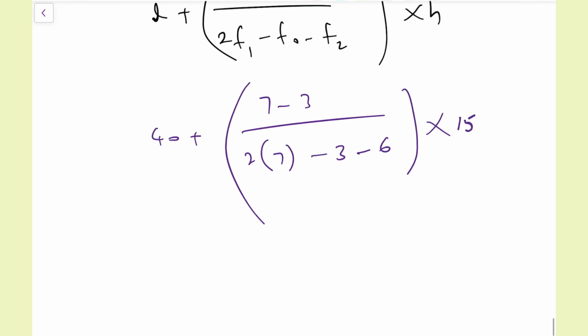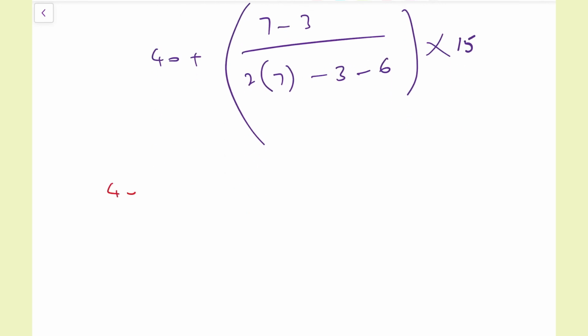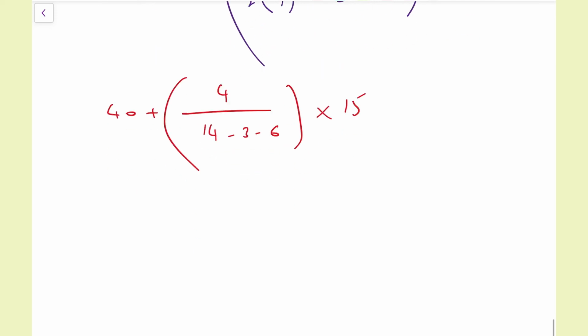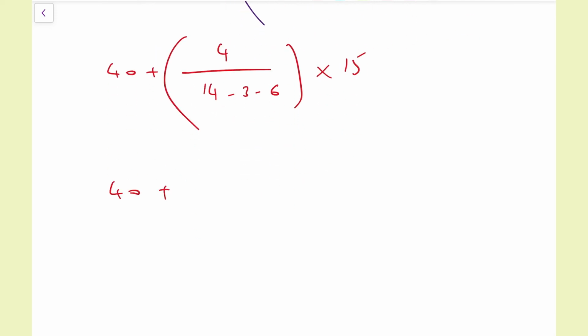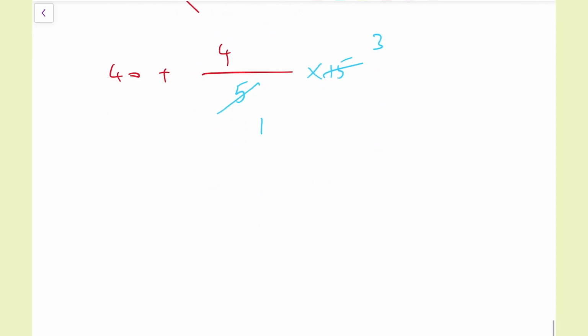Let us simplify this now. 40 plus 7 minus 3, 4 divided by 2 sevens are 14 minus 3 minus 6 into 15. 40 plus 4 divided by 14 minus 3, 11, 11 minus 6, 5 into 15. 5 ones are 5, 5 threes are 15. So finally we remain with 40 plus 4 into 3. 40 plus 4 threes are 12. 40 plus 12, 52. So mode of the given data is 52.